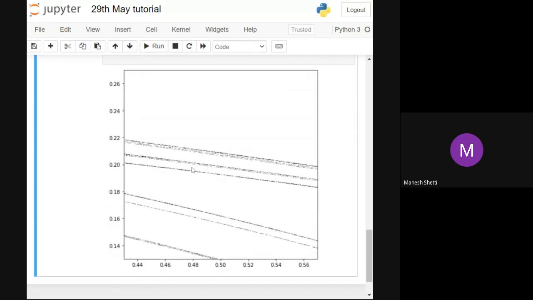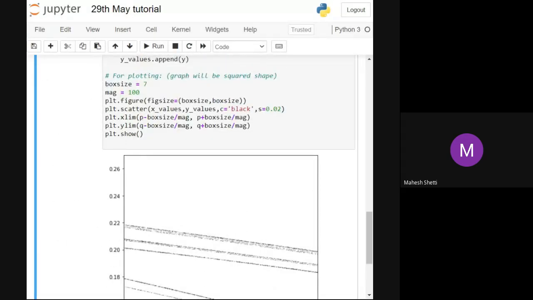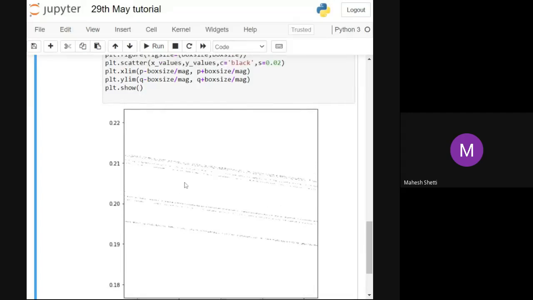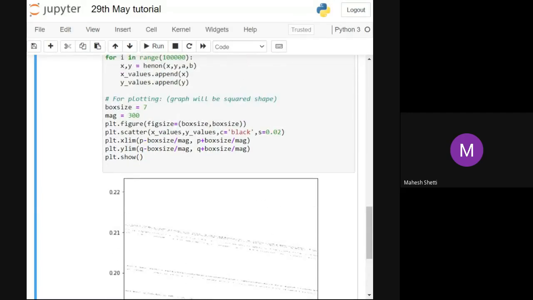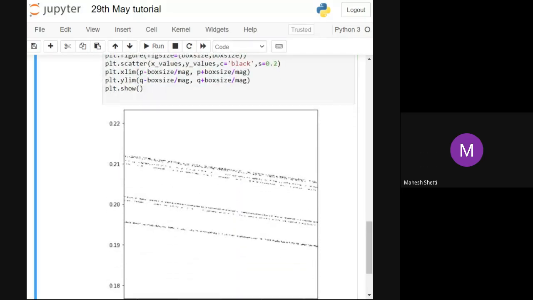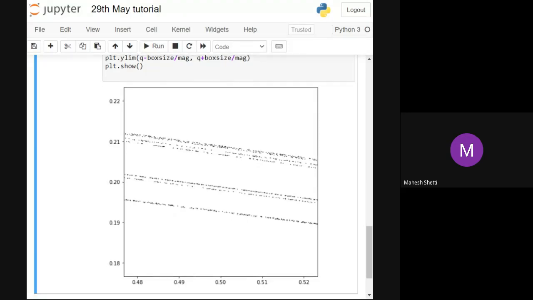And you start seeing multiple lines. You can make it 200 or 400. And you may increase S. So you start seeing that multiple lines are appearing, which means it goes on adding points everywhere.